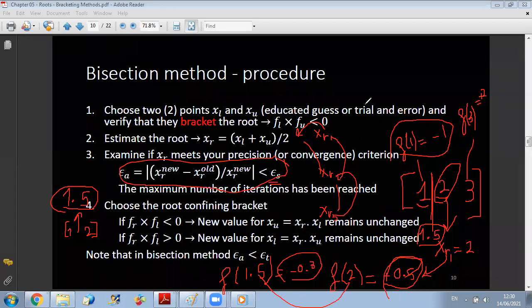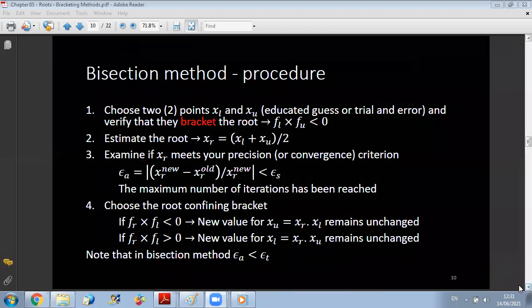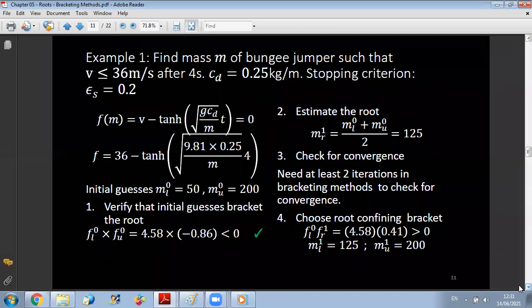Okay, yalla, we will do a numerical example so you can understand it better. Okay? Let us take an example. If you consider the same example we talked about before, we want to find the value of m in a way that this function of m equals 0. As we said, we took the 36 to the other side, or we can take the function to the other side.